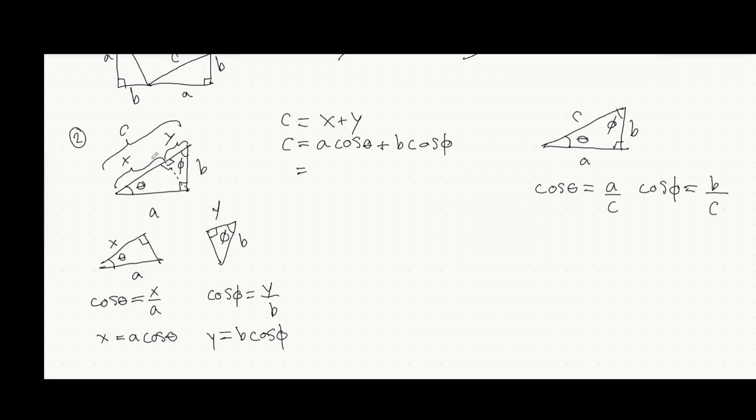So if we substitute those in here, we have a times a over c plus b times b over c, which is a squared over c plus b squared over c. So we can multiply both sides by c, and we get c squared equals a squared plus b squared.